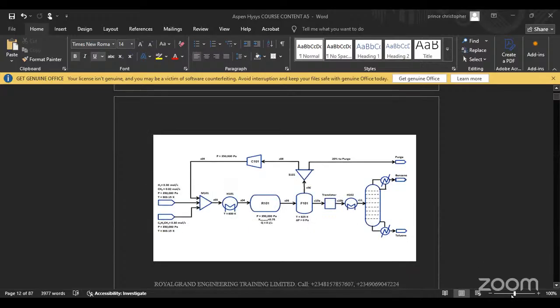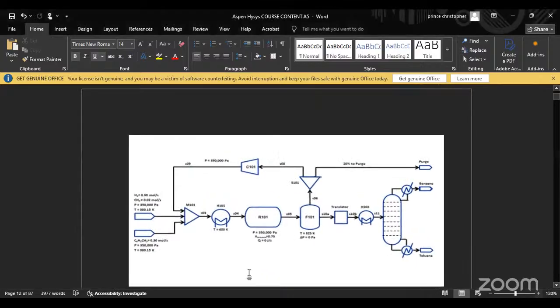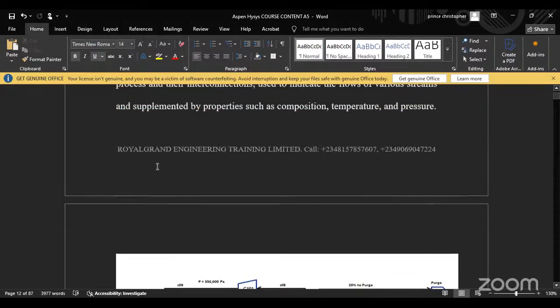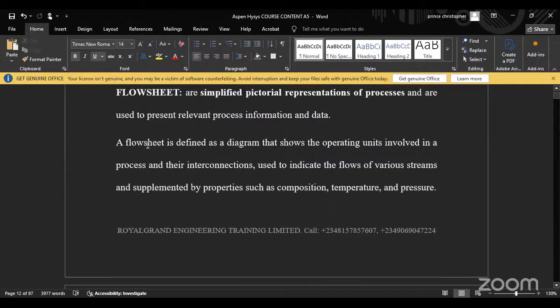We have our feed, and you can see the different compositions. From our definition, a flow sheet is a diagram that shows the operating units involved in a process and their interconnections, used to indicate the flows of various streams and supplemented by properties.